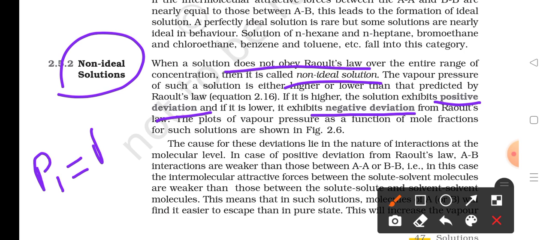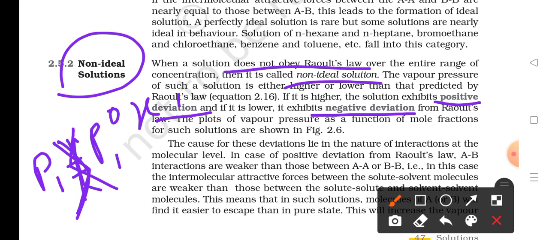Here P1 is not equal to P1° X1. Maybe P1 is greater than P1° X1, or maybe P1 is less than P1° X1. In positive deviation, P1 is greater than P1° X1, and in negative deviation, P1 is less than P1° X1.